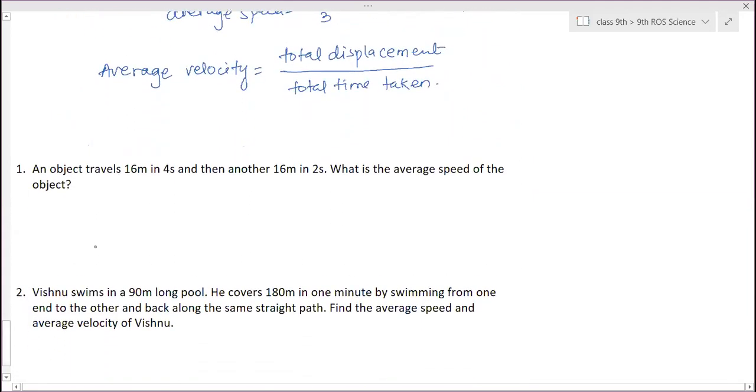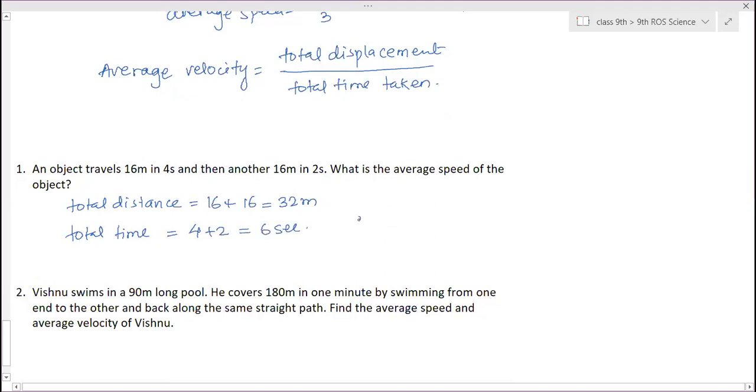In this question, an object travels 16 meters in 4 seconds, then another 16 meters in 2 seconds. What is the average speed of the object? For finding average speed, you need the total distance: 16 meters plus 16 meters is 32 meters. The total time is 4 seconds plus 2 seconds, that is 6 seconds.